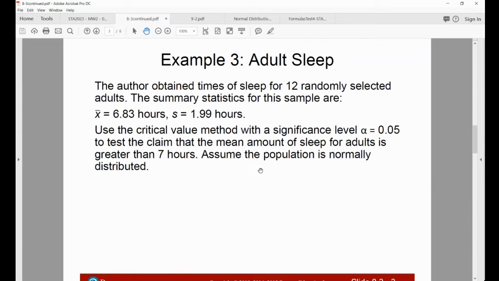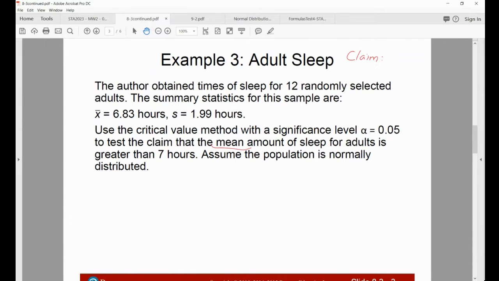So what's the claim in this example? Or first, how do we know that this is a problem about a mean and not about a proportion? What's the key word? The key word is mean amount of sleep.